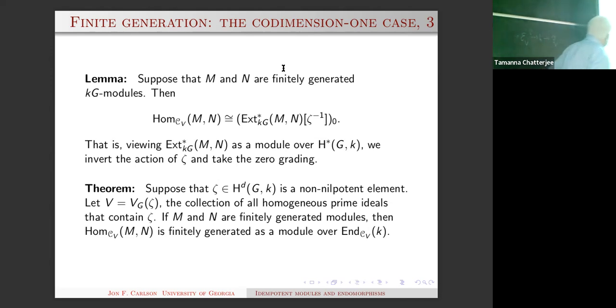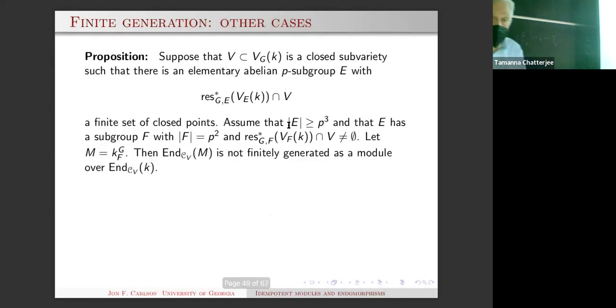And the reason is that XMN is finitely generated over XKK. And in both cases, to do the computation, I'm inverting zeta, and I'm taking this homogeneous localization of the ring. So that's basically the way this works. So it works in this particular case.